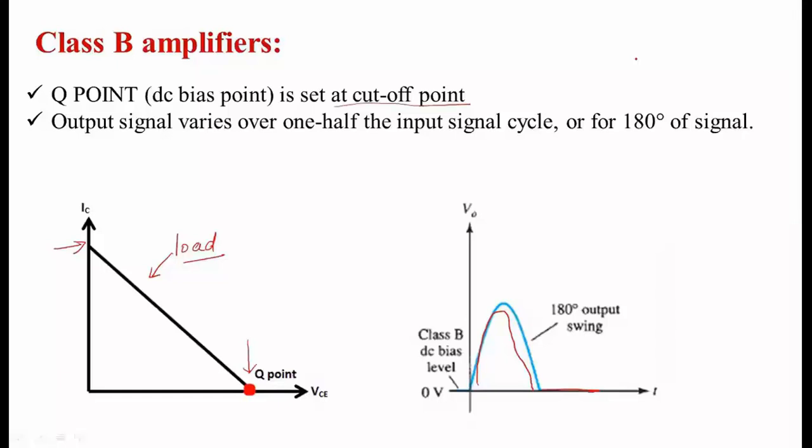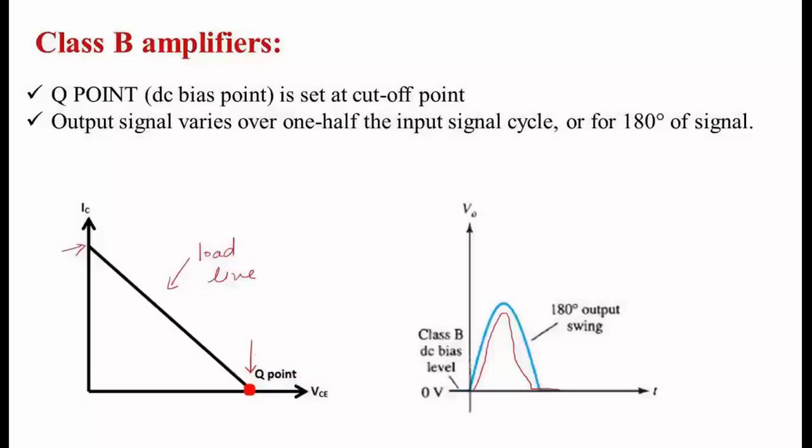One transistor will be used for positive cycle and one transistor will be used for negative cycle. By using 2 transistors or 2 Class B amplifiers, we can get the full output swing. Since one part of the circuit pushes the signal high and another part of the circuit pulls the signal down, hence this is called the push-pull operation.